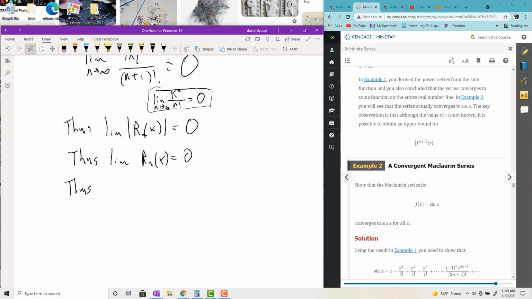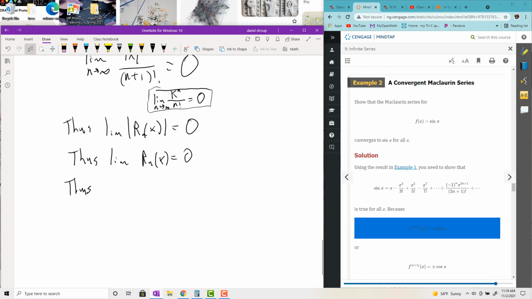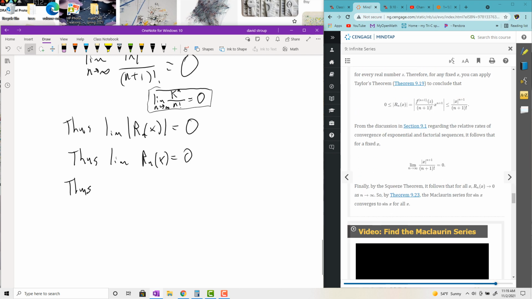Thus, you can say that the function and its Maclaurin series are equivalent. So thus the Maclaurin series converges to sine of x for all x.